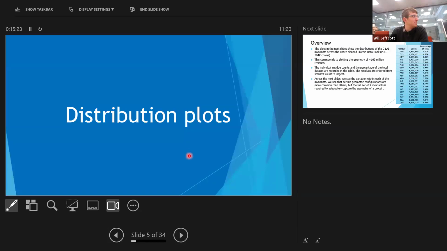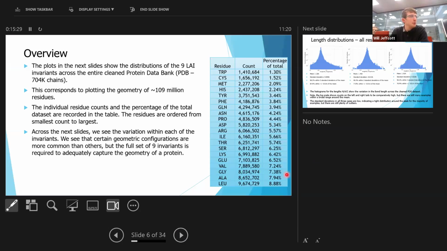So now we're going to look at some of the distribution plots of the LAI invariants. As Olga referred to in a previous talk, we cleaned the entire protein data bank to get rid of erroneous cases and to take the 20 more standard amino acid cases.